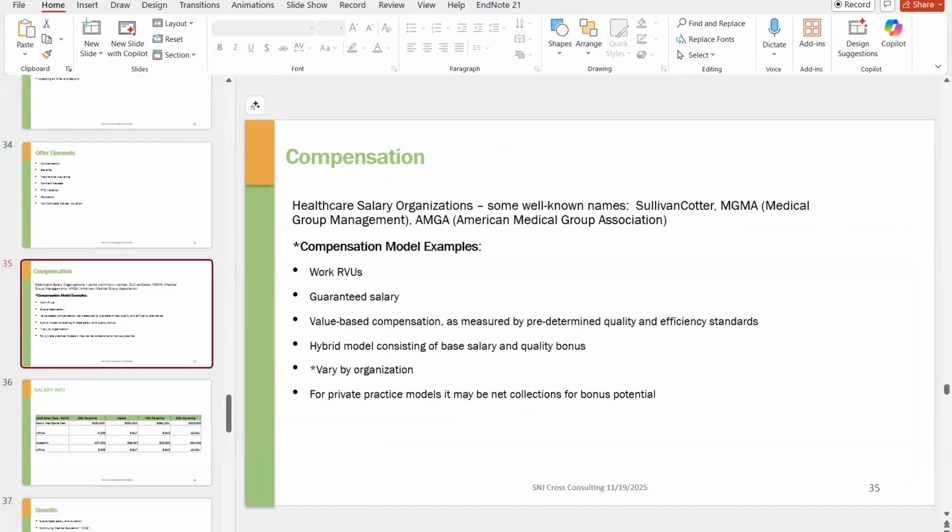A lot of that will be dependent on if you're establishing new and they really haven't had that particular specialty.